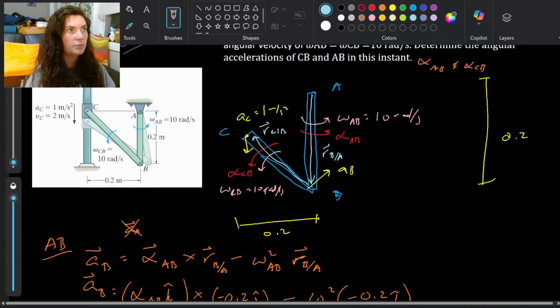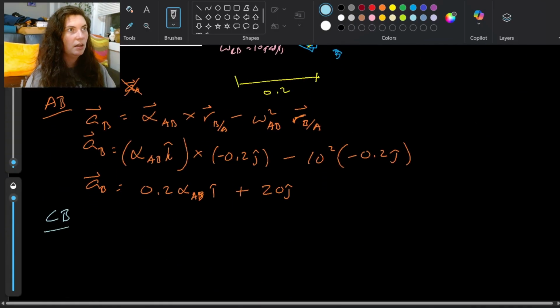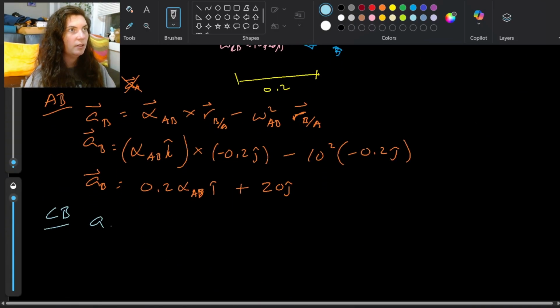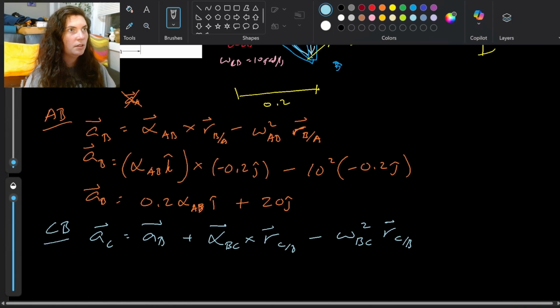Right, so a lot like the last problem, we did all our accelerations for one rod. Now we'll do it for CB. And so I'm going to have my acceleration of C equals acceleration of B plus alpha BC cross R C with respect to B minus omega BC squared times R C with respect to B. Perfect.